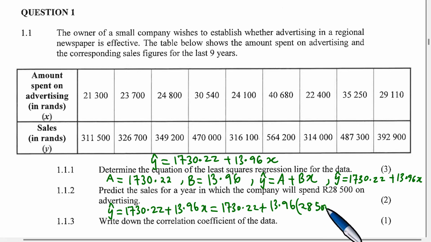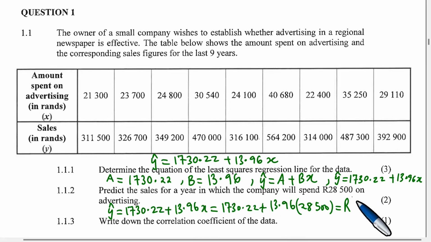28,500. And then we compute this. We can take that to actually be the sales. We can predict the sales.